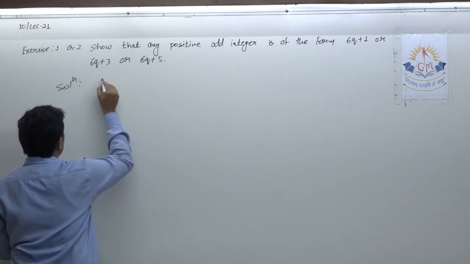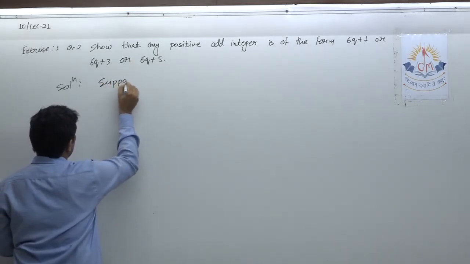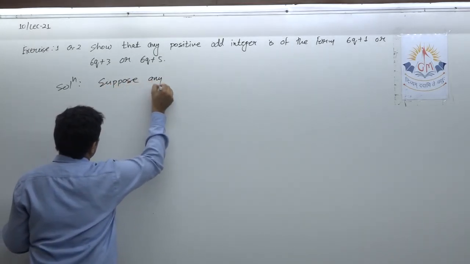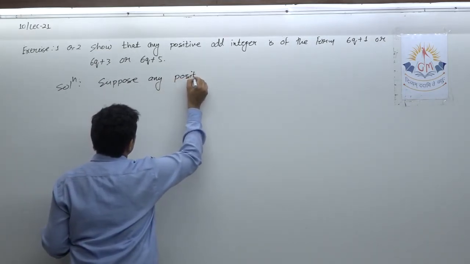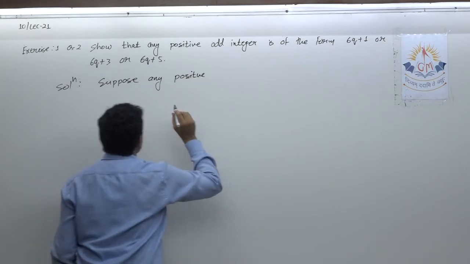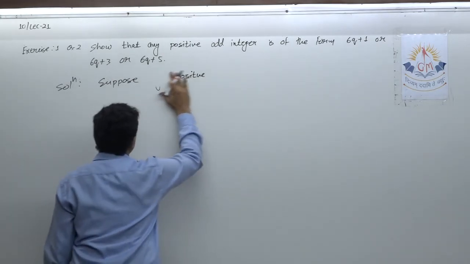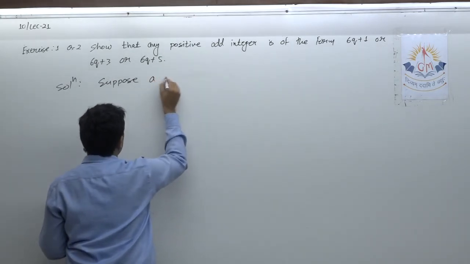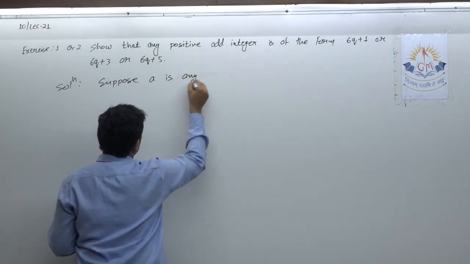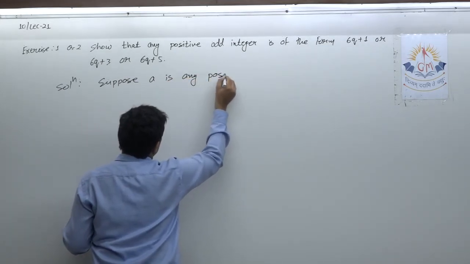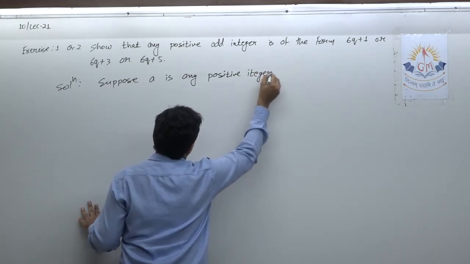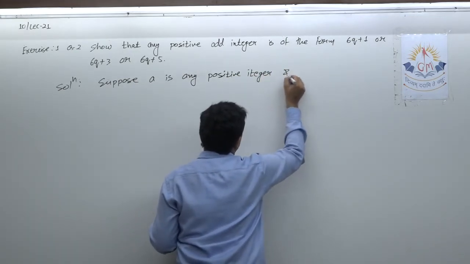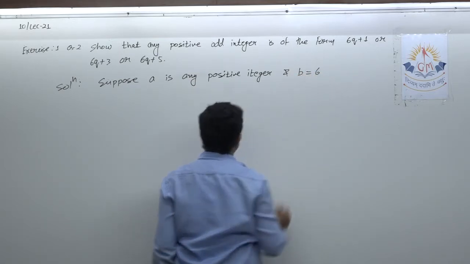So let us start. Suppose a is any positive integer and b is equal to 6.